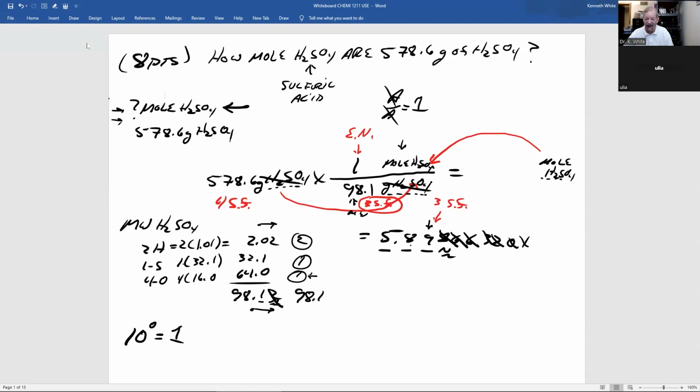Add that to 9 or to 8. And that's our correct answer. Would be 5.9 moles of sulfuric acid.